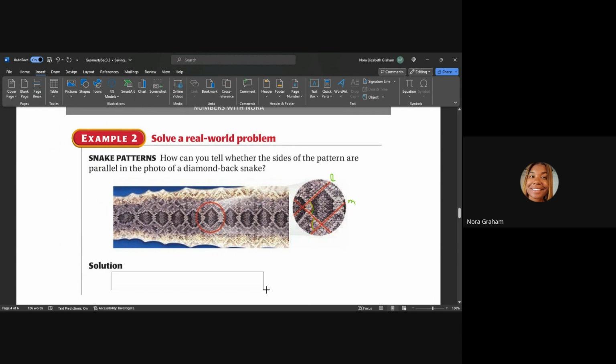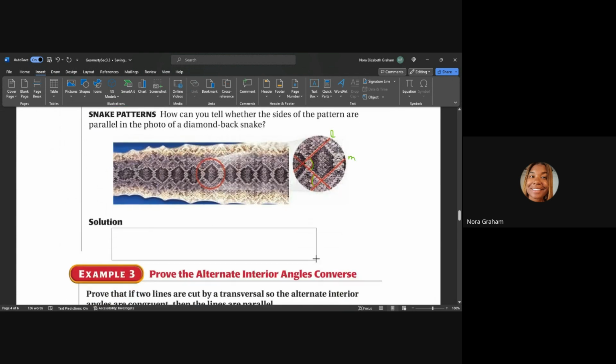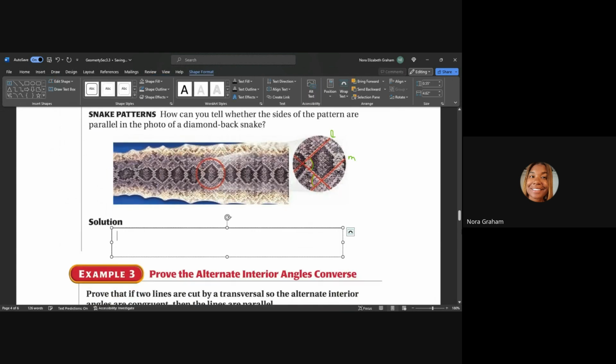All right, so let's write out our solution to this one. Zoom up a little bit. How can you tell that the two lines are parallel?